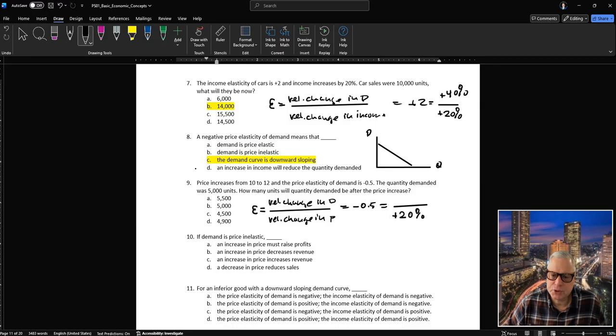So for this term to be negative 0.5, this needs to be negative 10%. So that means if the price goes up, the quantity demanded should fall by 10%, which is the new one. The new quantity demand is 4,500.